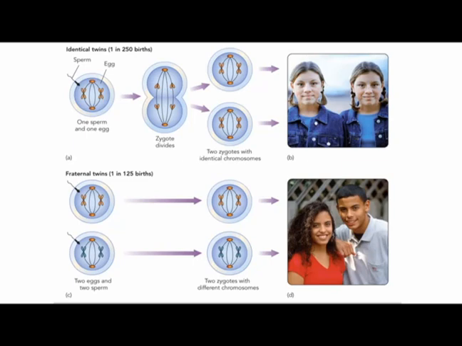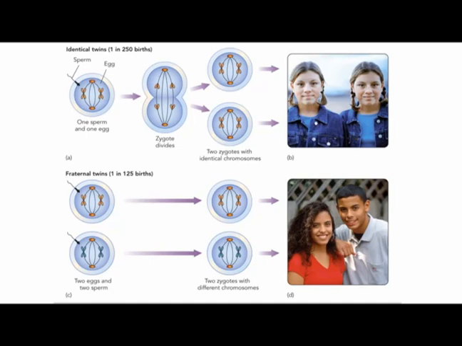And to be an identical twin, you have to have one egg fertilized by one sperm, and then something weird happens, and when the zygote starts dividing, instead of those new cells that are forming sticking together and forming one child, as normally happens, in this case, some of the cells break apart, and you end up with two identical zygotes, or fertilized eggs, and those will turn into two individuals who, because they came from the same fertilized egg, share all of their genetic material.